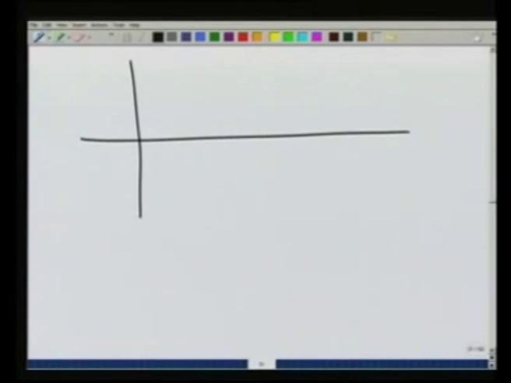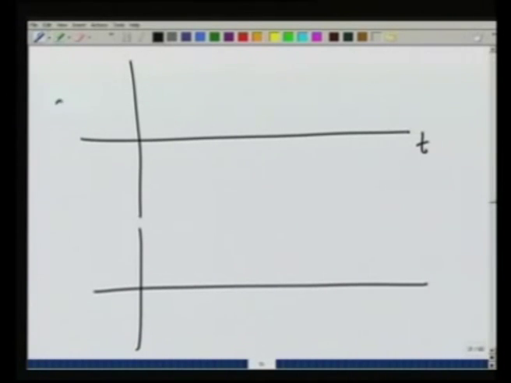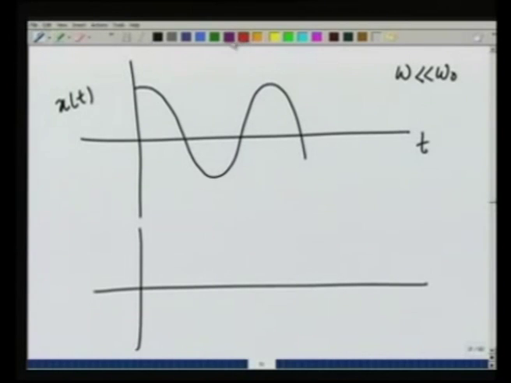So, let us see how the displacement and force are in relation with each other at different frequencies. This is time, x(t). Let us say this is omega much less than omega 0. The force is like this, and in this case the displacement will also be following roughly the same graph. I have not shown the amplitude correctly, only the relative phases.